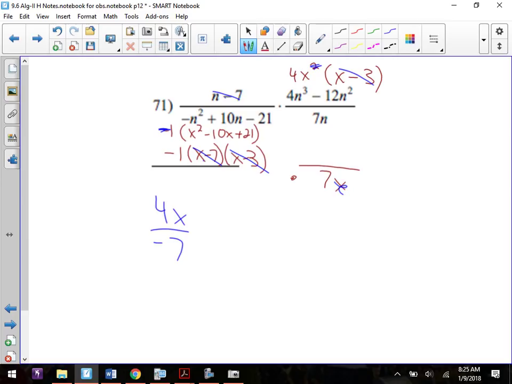What's that? Yeah, because it was 4x squared over 7x, so the one value instead of x is dropped out, because there's a negative 1 in front. Oh, yeah, I see what you're saying. Yeah, that was just it.